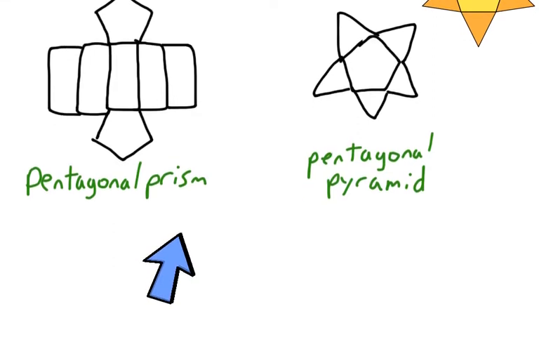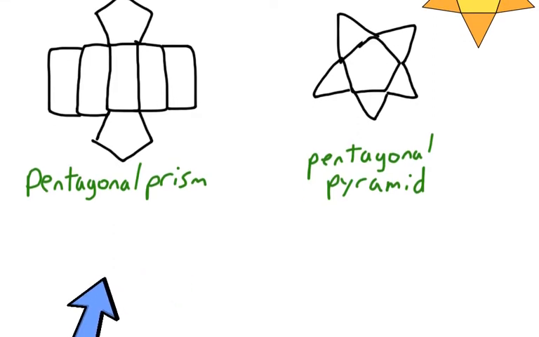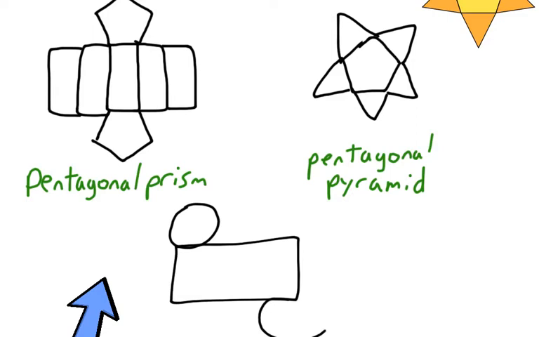And our last shape is going to be a cylinder. Think about what a cylinder is. If you take a piece of paper and roll it up, you can basically create a cylinder. So it's just a rectangle that has two circles on it, two congruent circles.